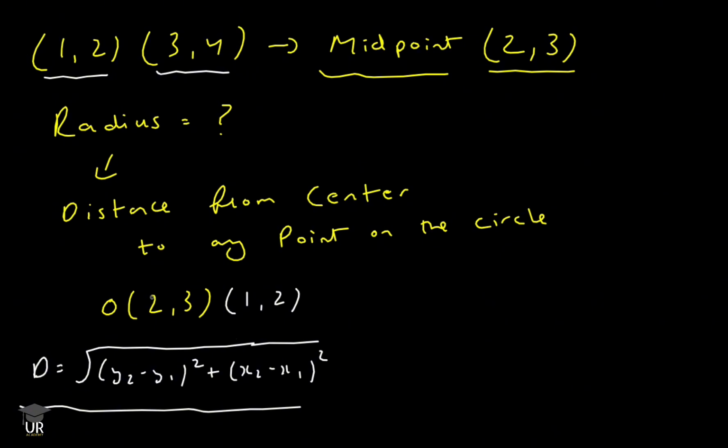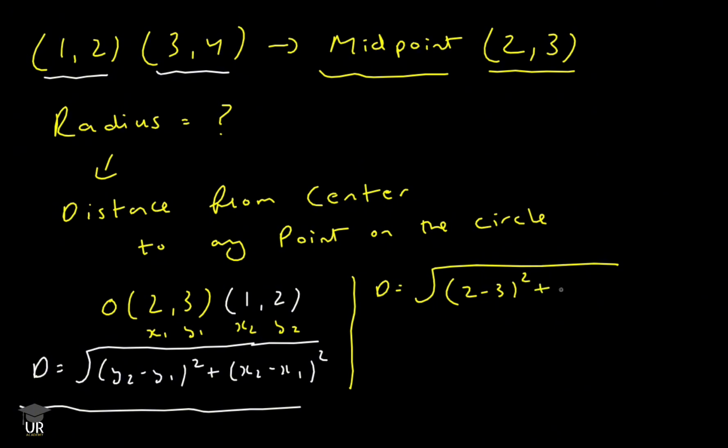So again we can use this, and let's say now this is your x1, this is your y1, this is x2, and this is y2. So now let's calculate the distance. The distance will be, now y2 is 2 and y1 is 3, so 2 minus 3 square plus x2 minus x1, which is 1 minus 2 square.